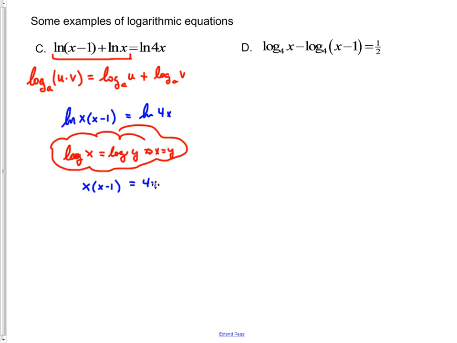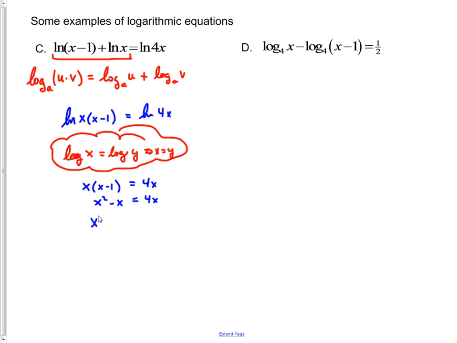And it's suddenly a lot easier to solve because now we get the following. x squared minus x equals 4x. We subtract 4x from both sides because this is the kind of equation where you have to set it to 0. Don't forget it's quadratic, right?